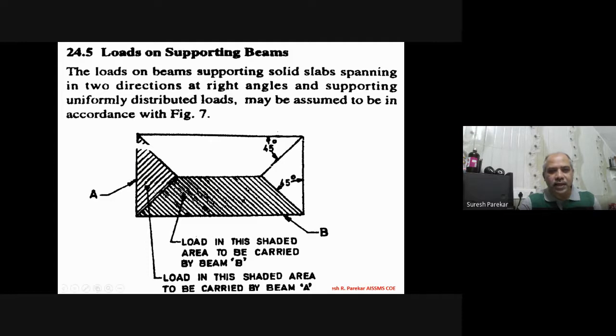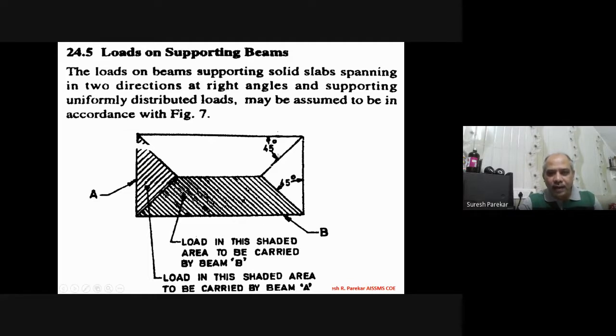So you can see on the short span, that is beam A, the load in this shaded area is to be carried by beam A, meaning triangular load we have on the short beam and trapezoidal load we have on long beams.